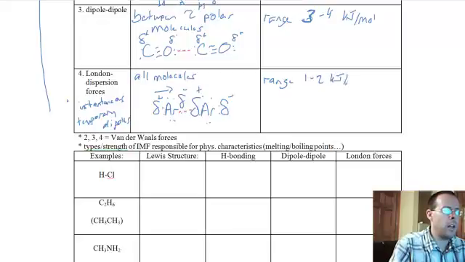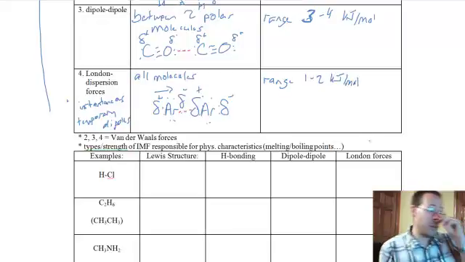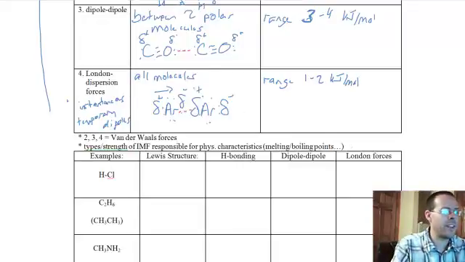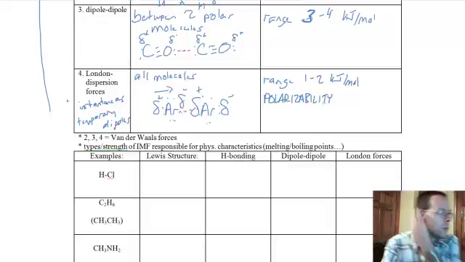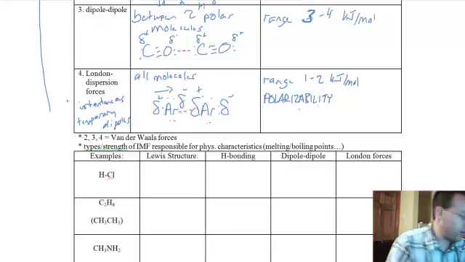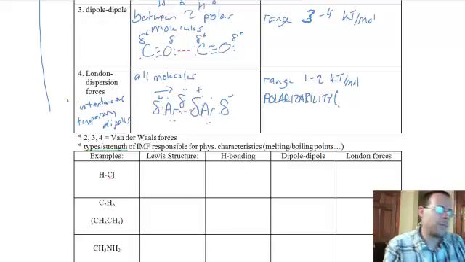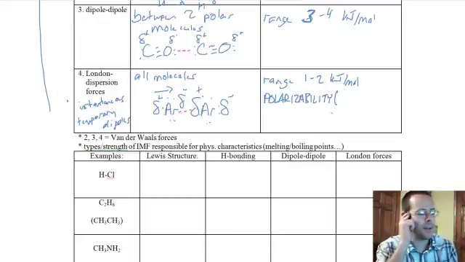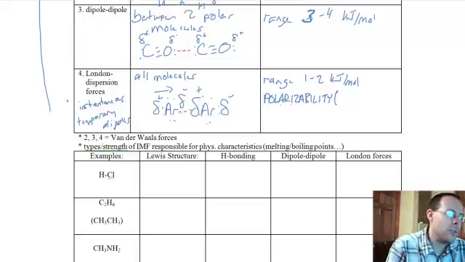mole. And there is a term you need to be familiar with that has to do with London dispersion forces. And that term is polarizability. It is another great word to use on the AP test. And polarizability essentially is the ability for something that is essentially not dipole, so not polar, to become polar.